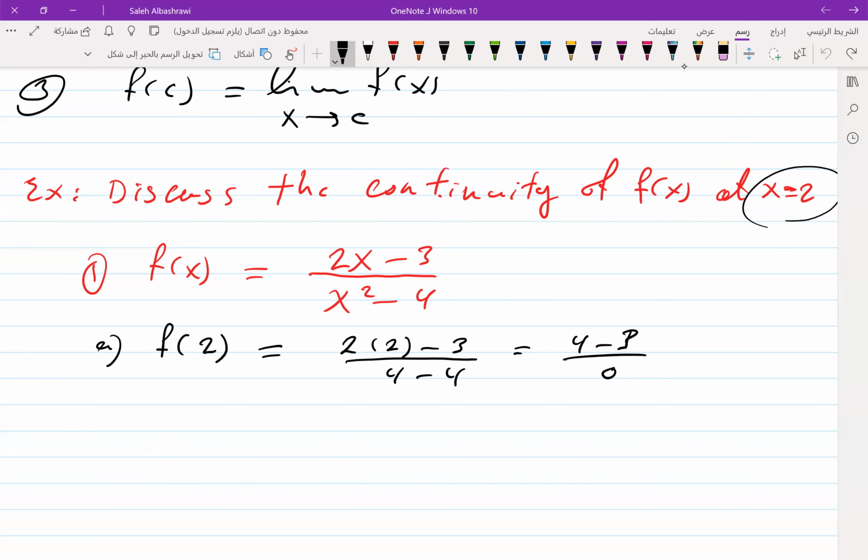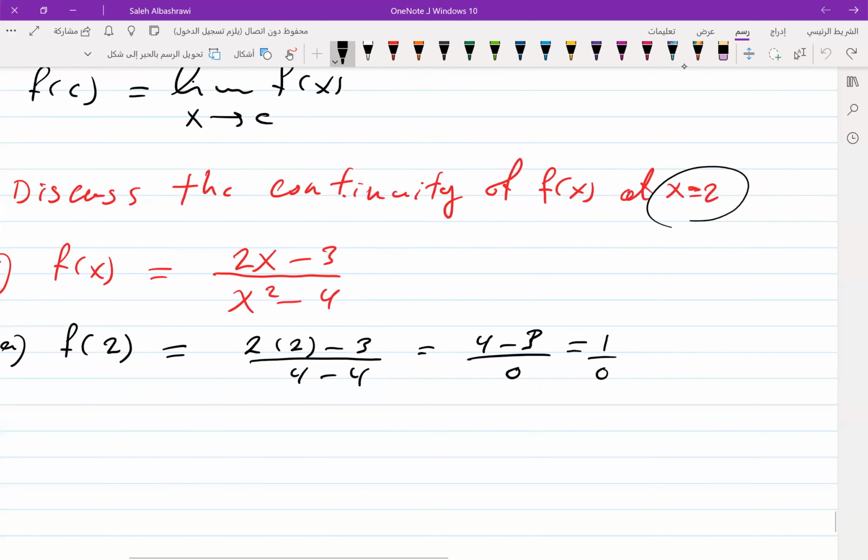And as you know, dividing by 0 is not defined. Be careful about this point. We are speaking about the value of the function, not the limit. If the limit as x goes to some number gives 0 over 0 in some cases, we need to simplify it, but this condition says that we need to find the value of the function, not the limit. So 1 over 0 is undefined.